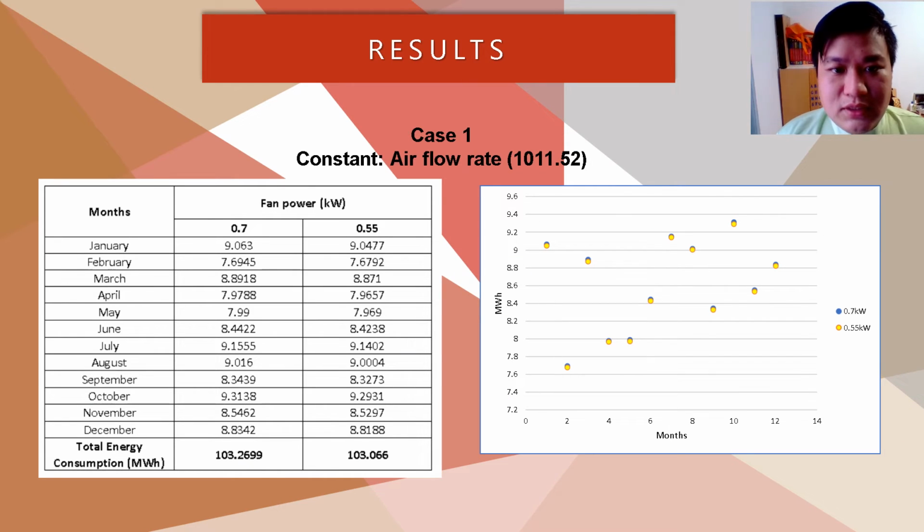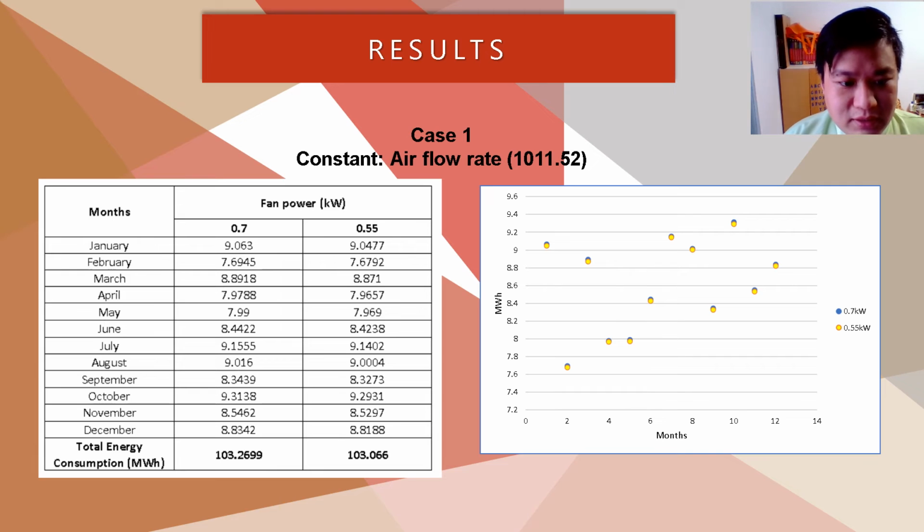So this is the result for my project. This is case 1, where the airflow rate is constant, which is 1011.52 liter per second. As we can see in the table, the ASHRAE standard fan power of 0.7 kilowatt is much higher than the catalog fan power, which is 0.55.